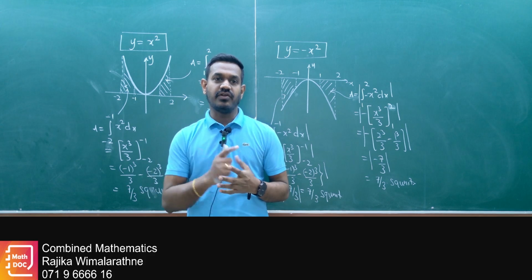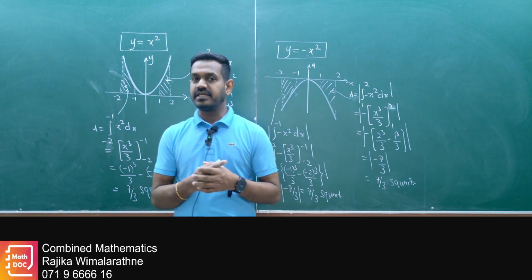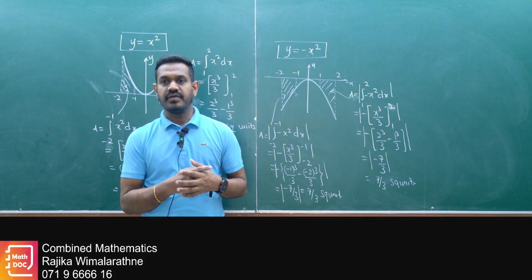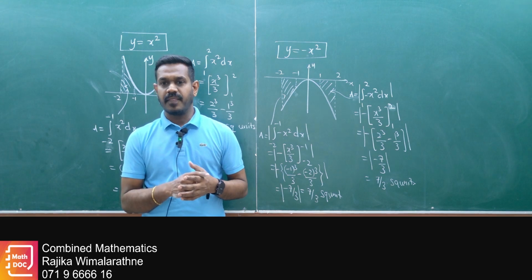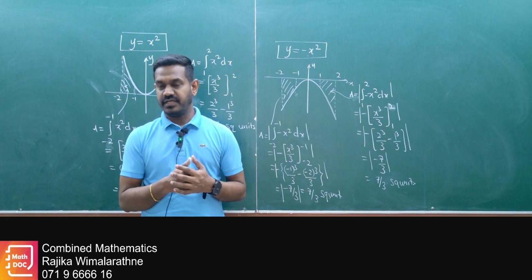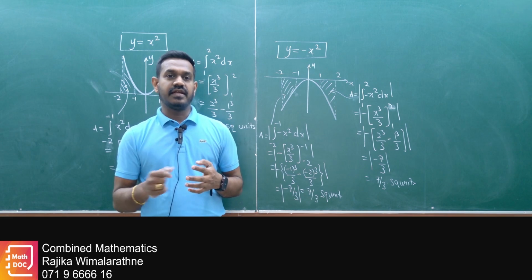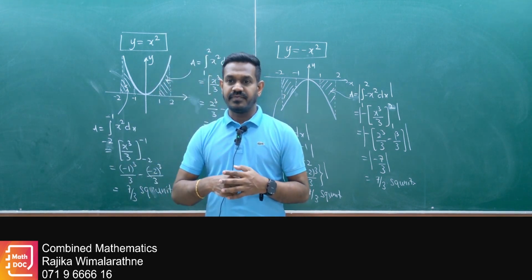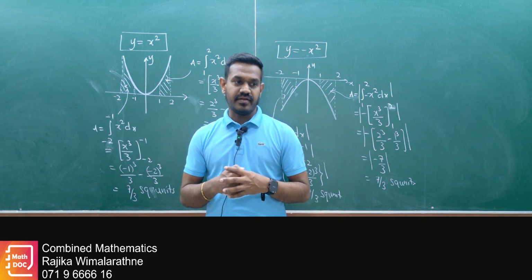For the first and second quadrants, the direct definite integral represents the area.